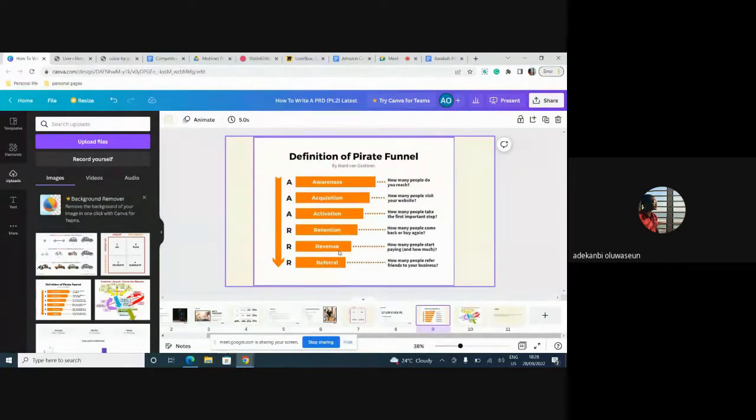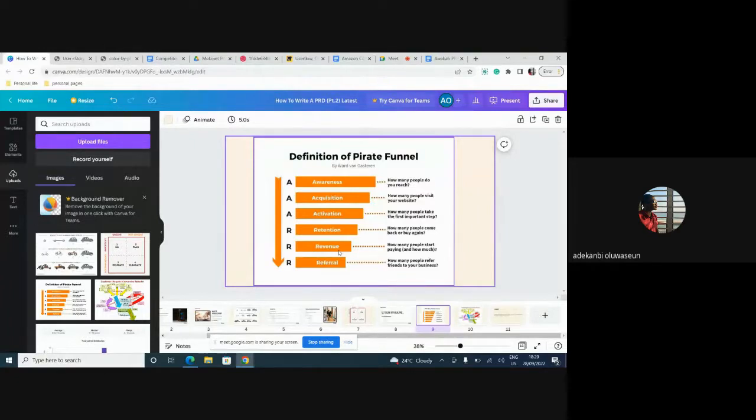But the moment the user adds to cart, then there's an activation, right? Because the goal of my product is that people must be able to buy, right? So I must measure how many people signed up and converted versus the people that actually added products to cart, right? Because that's the only way you can measure the drop-off, and you'll be able to know what you need to change or what you need to fix.